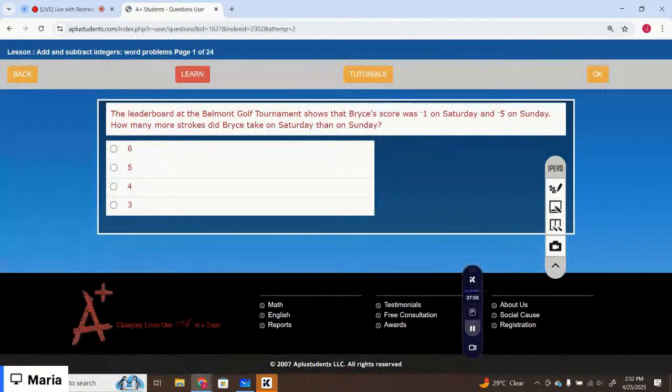The leaderboard at the Belmont Golf Tournament shows that Race's score was -1 on Saturday and -5 on Sunday. How many more strokes did Race take on Saturday than on Sunday?